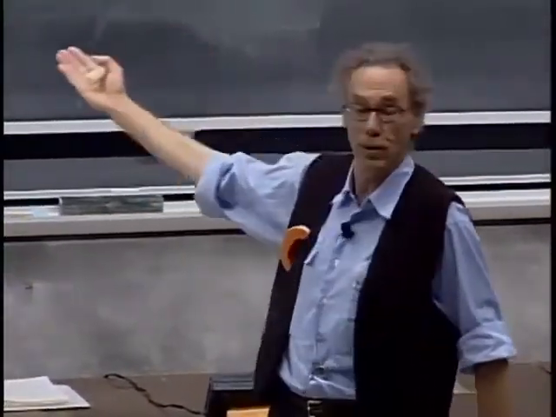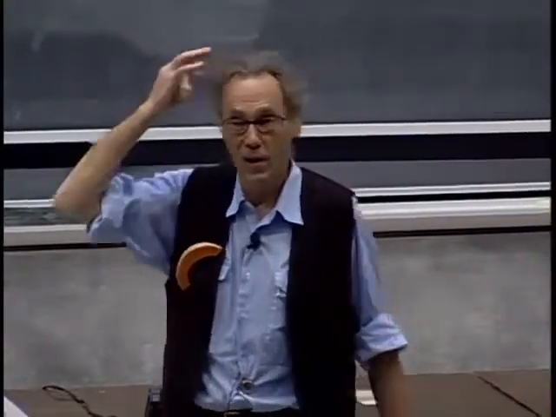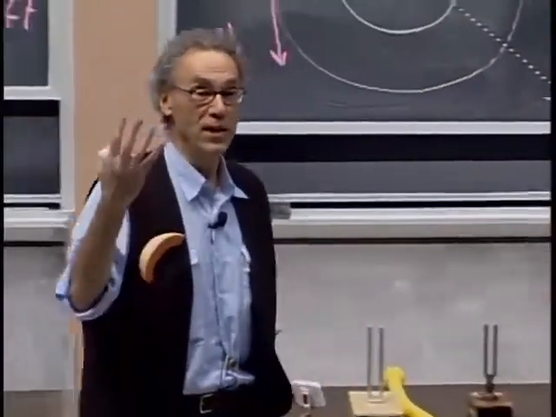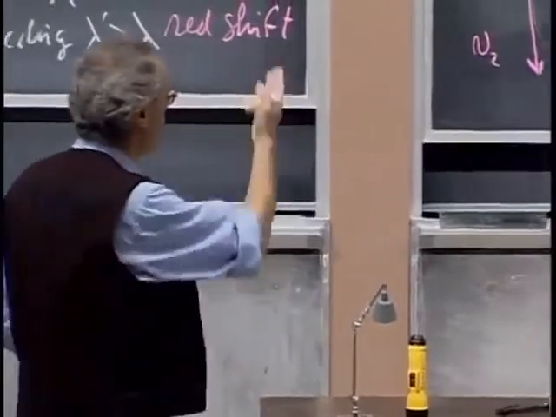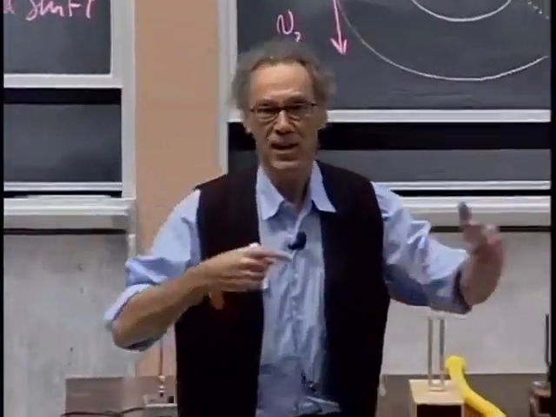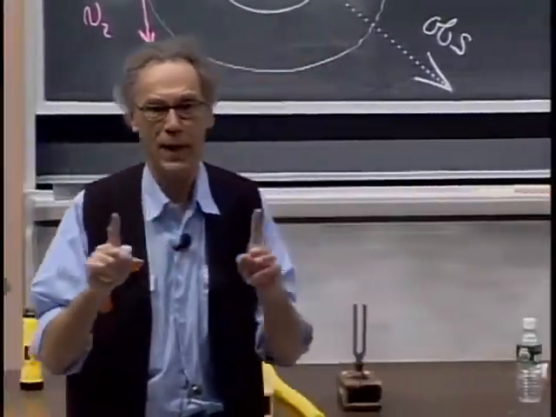But now you take an optical telescope. The X-ray observations, by the way, have to be made from outside the Earth's atmosphere, because X-rays are absorbed by the Earth's atmosphere. Now you take an optical telescope and you look from the ground, and now you see the optical spectrum of the donor. And what do you see in the donor? You see these absorption lines. And as the donor moves around the center of mass, these absorption lines move back and forth.